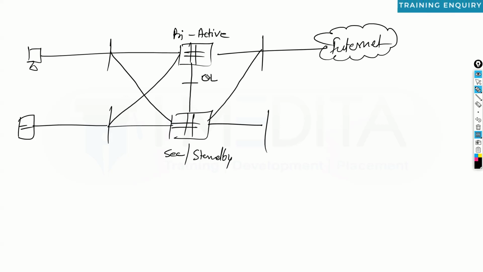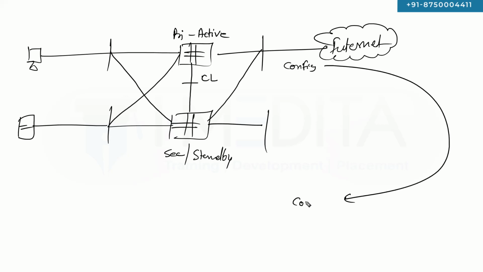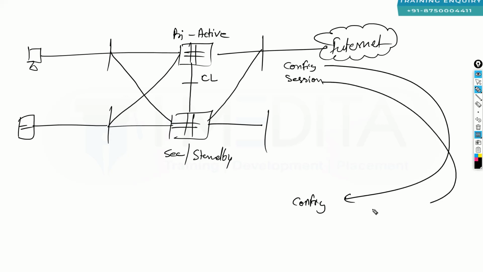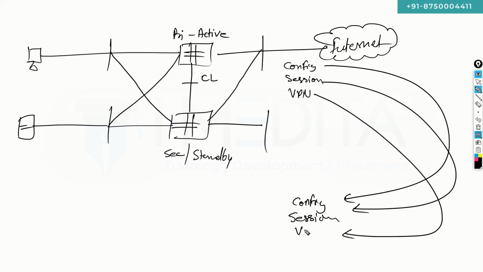With the help of this link, for example, if we have a config on the firewall, that configuration will be shared with the secondary firewall. If the primary firewall has any session, that session will be shared with the secondary firewall. If the primary firewall has any VPN session, that will be shared too.